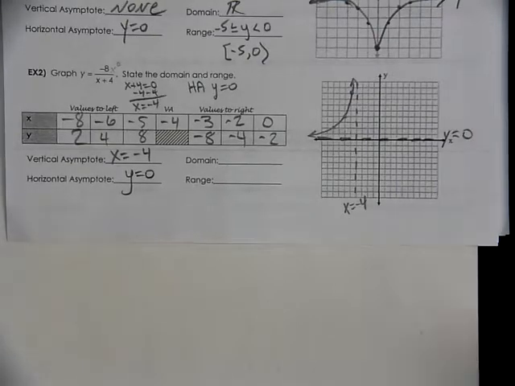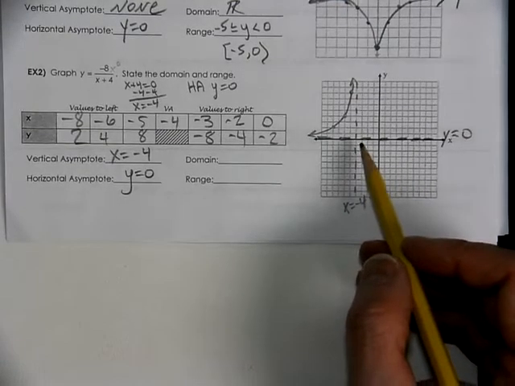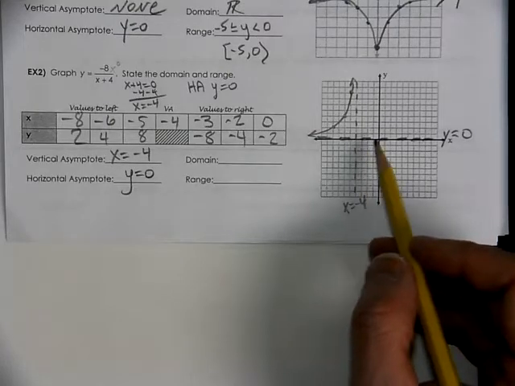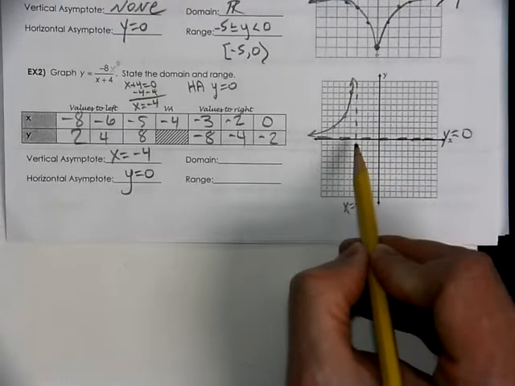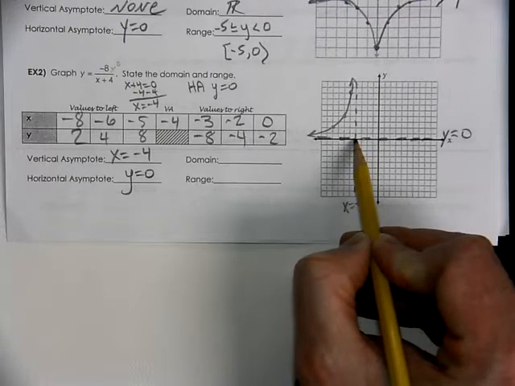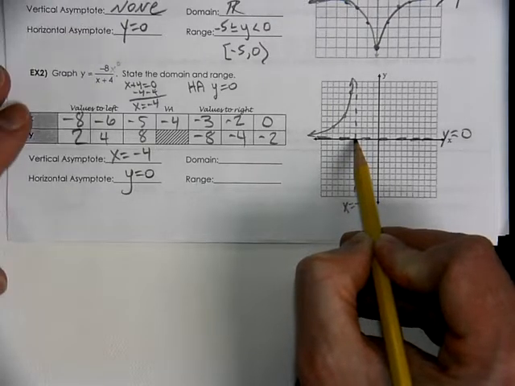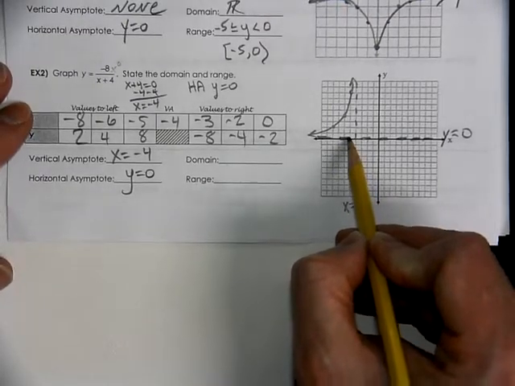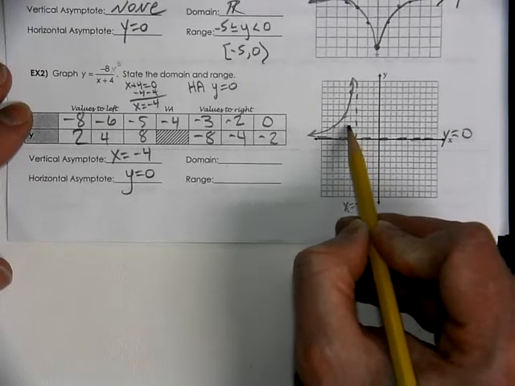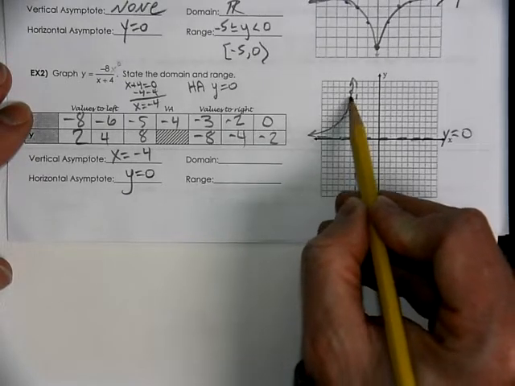Now remember, we could use symmetry to determine these other points. You could go to this new origin where the two asymptotes cross, and you could count over 1 to the left and up 1, 2, 3, 4, 5, 6, 7, 8.